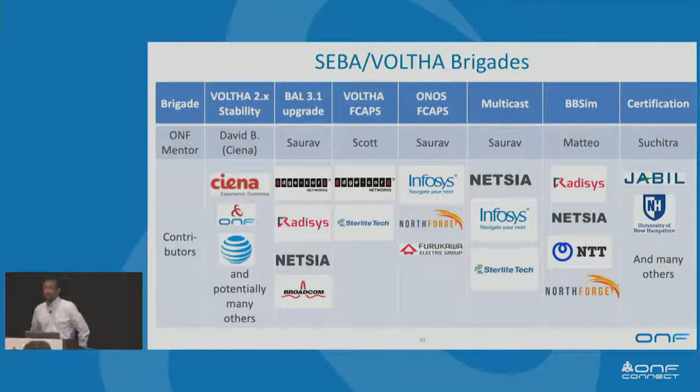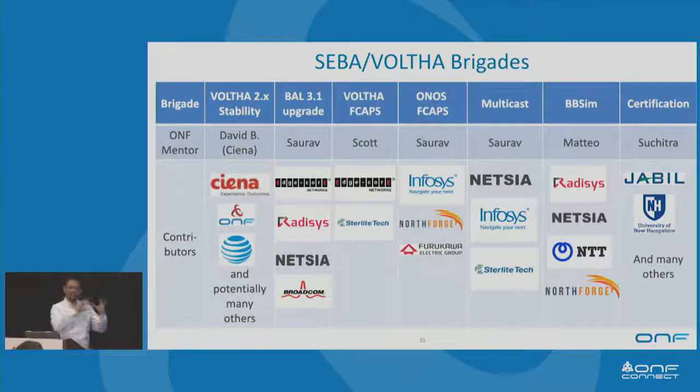So what is a brigade? A brigade is a team that comes together for a very specific purpose, a set of well-defined tasks, and runs that task through to completion. There is typically a mentor, typically someone from ONF, but as you can see in the very first brigade column, we also have a non-ONF mentor from one of our partner companies, Ciena, David Bainbridge, who's leading that particular brigade.